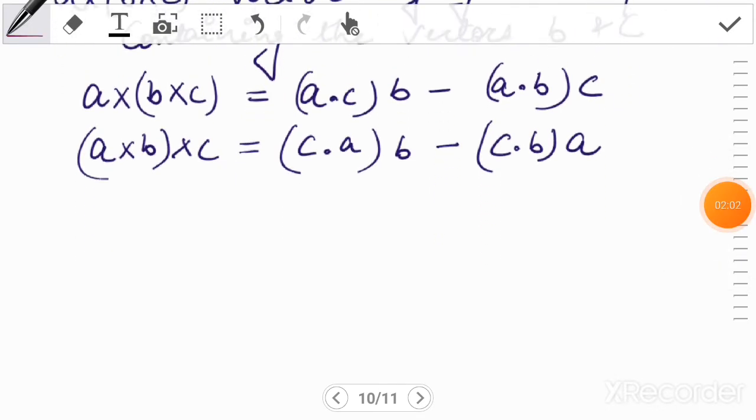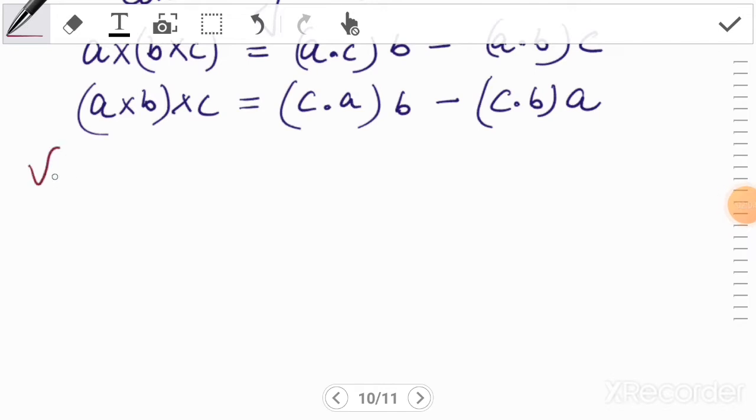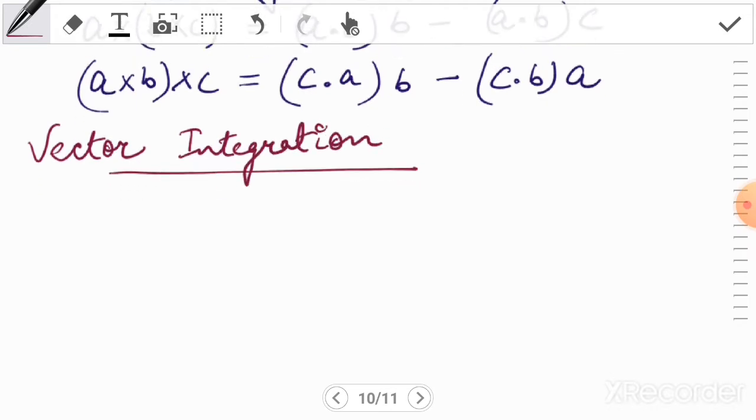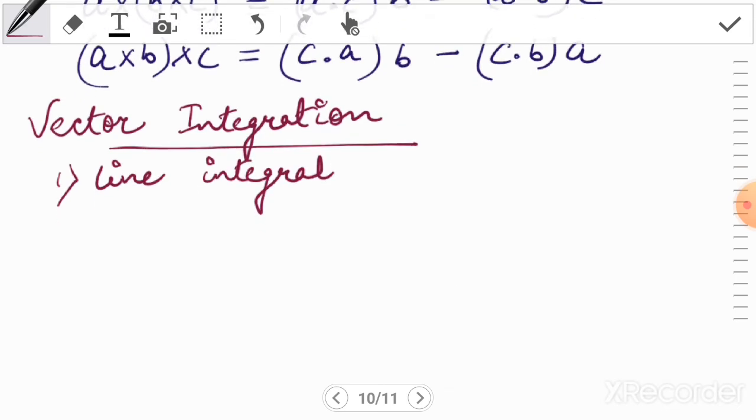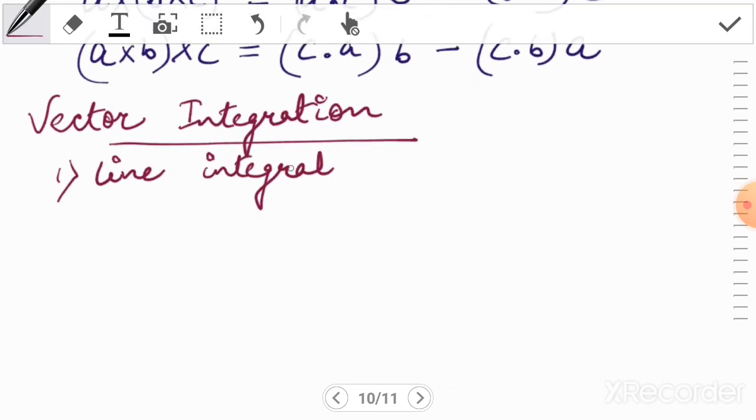Let's move on to vector integration. Vector integration. So first is line integral. Line integral is evaluated along the curve.